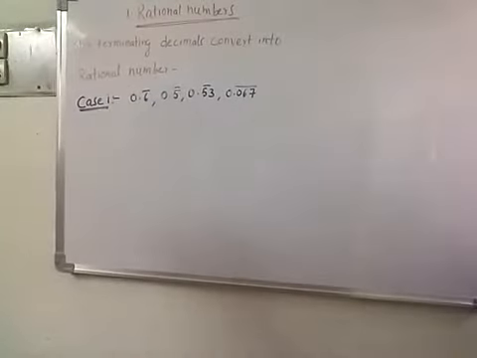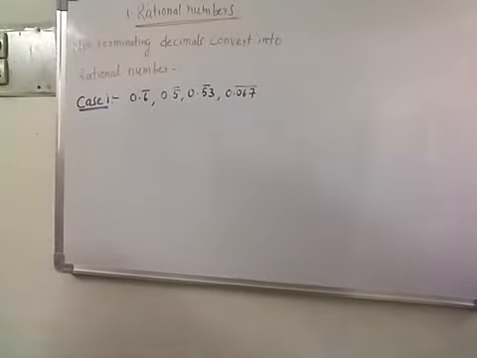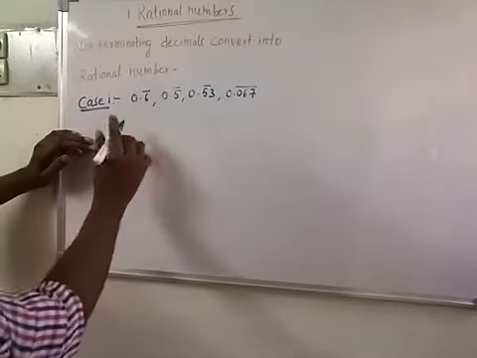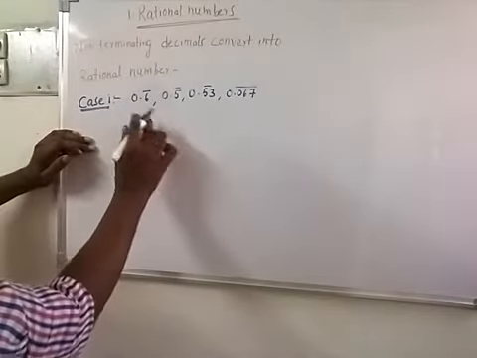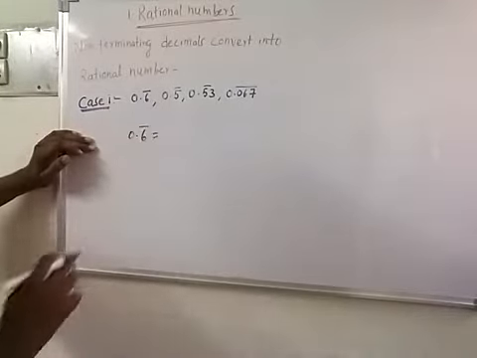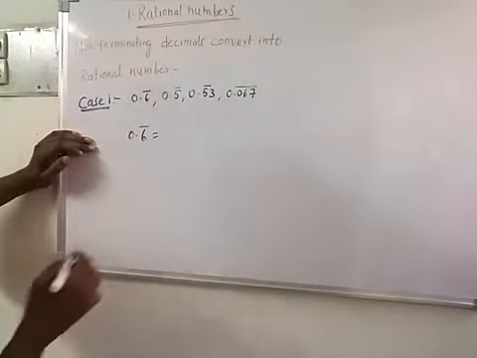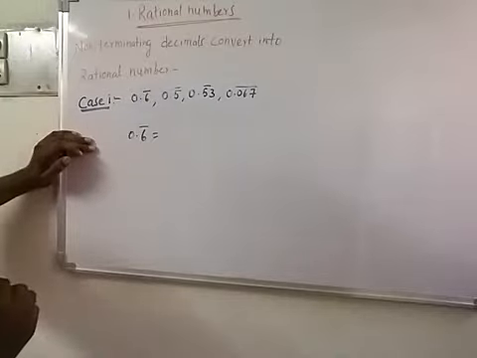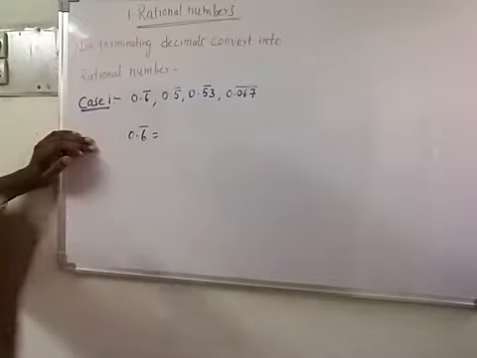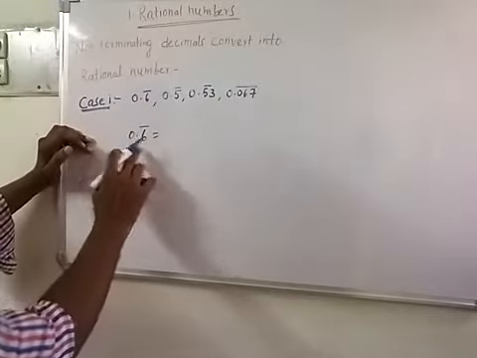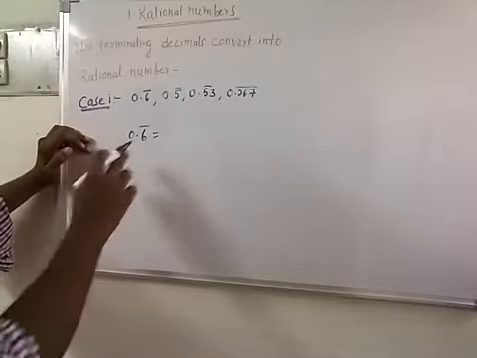A rational number is written in the form of P by Q. Write the repeated figures only once in the numerator place, and take as many nines in the denominator as the number of repeating figures.